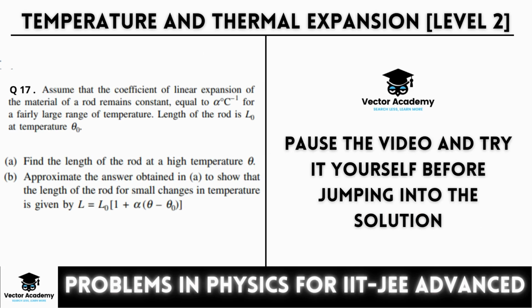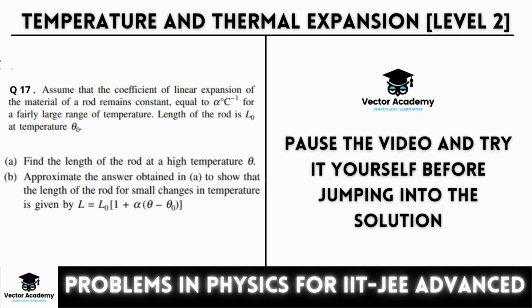Question 17. Assume that the coefficient of linear expansion of the material of a rod remains constant, equal to alpha per degree Celsius for a fairly large range of temperature. Length of the rod is L0 at temperature theta 0.